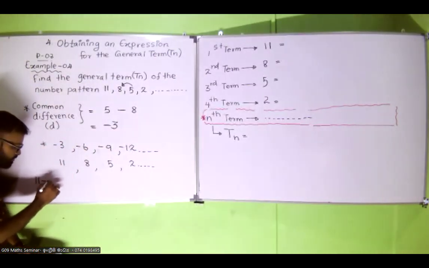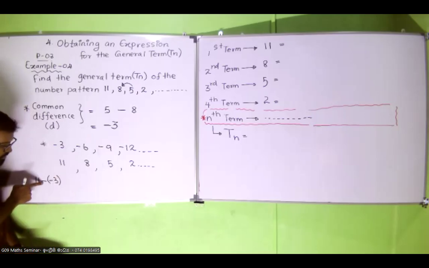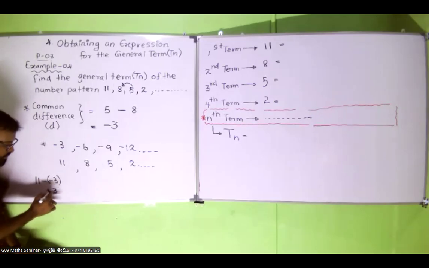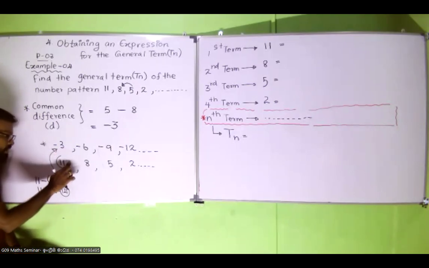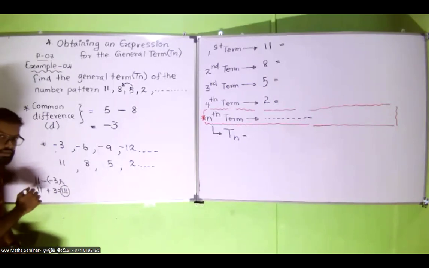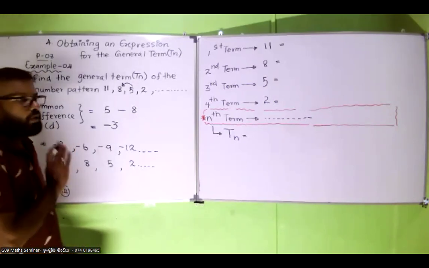Minus into minus is positive. Here you have 3 and here you have 11, so 14 should be added to minus 3 in order to get 11. Very easy.